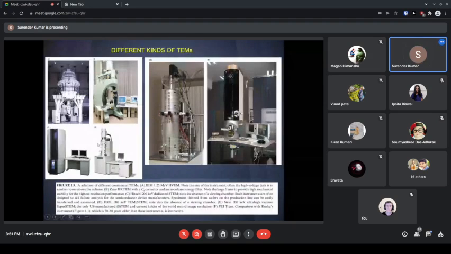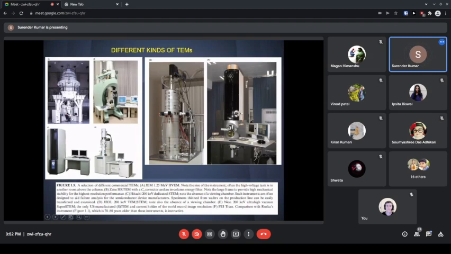These are some different kinds of electron microscope you can see here. If you see in slide A, this is 1.25 mega electron volt.